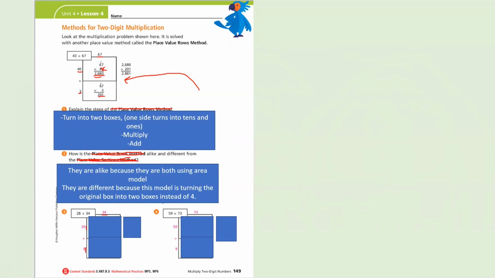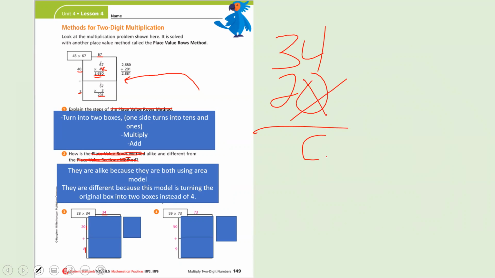So 34 times 20. You can cross off the 0 and add it to your answer. 4 times 2 is 8. 3 times 2 is 6. So that's 680.